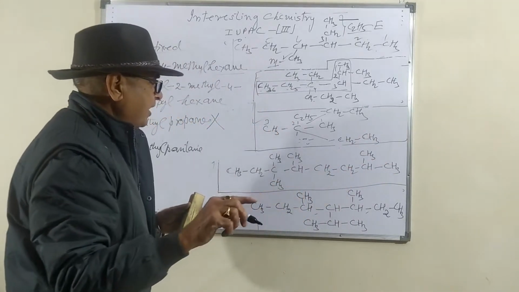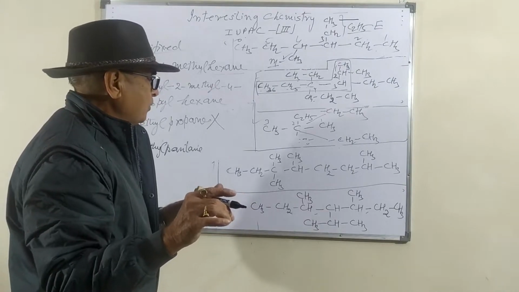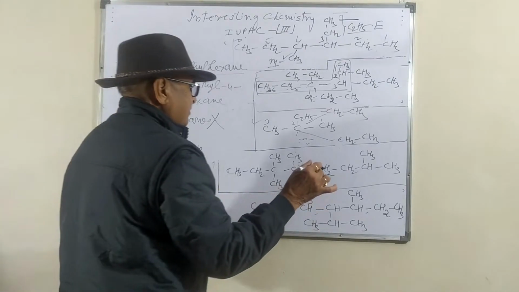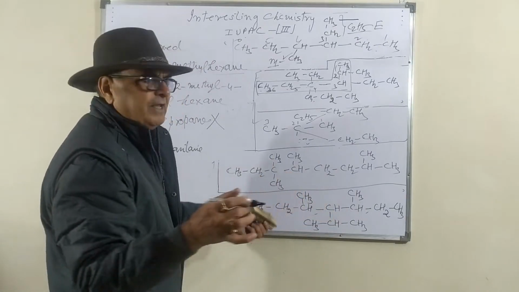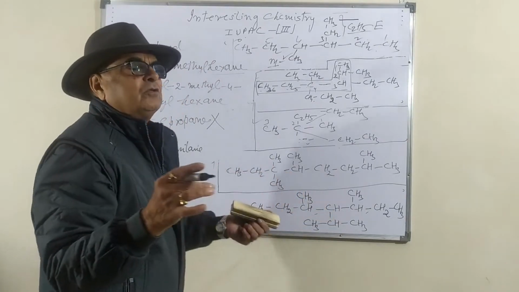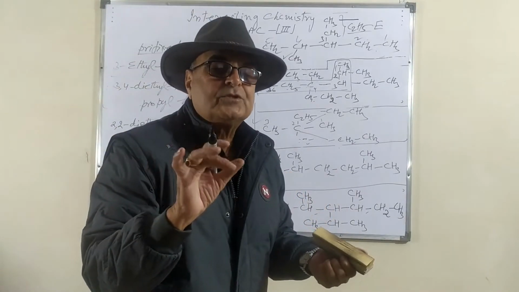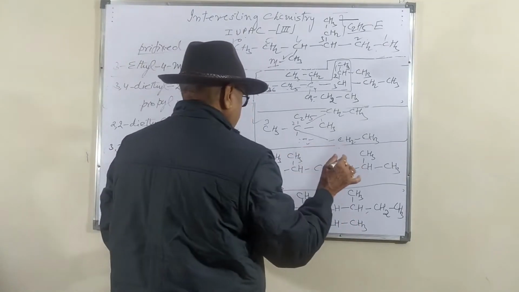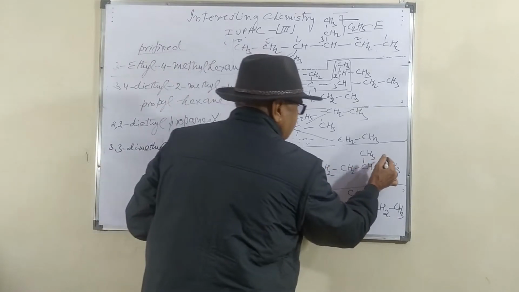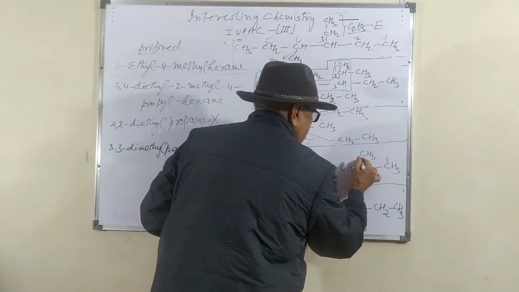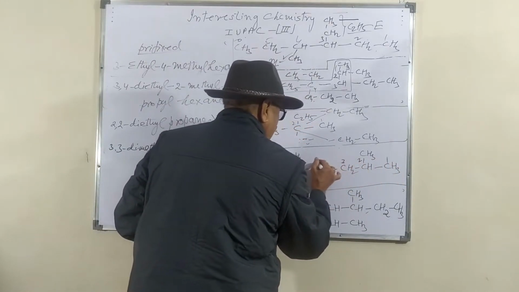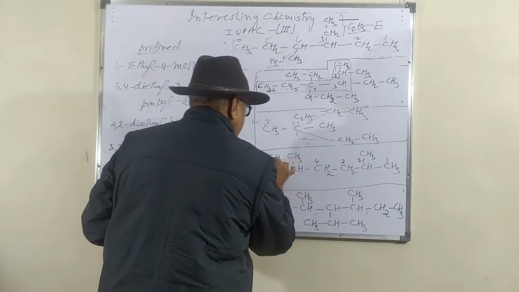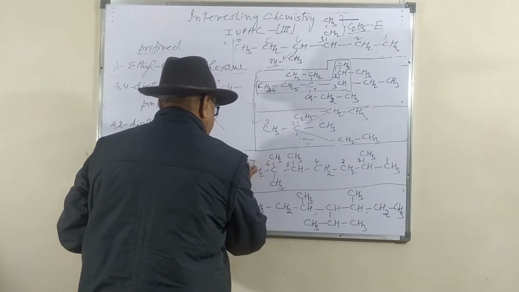There are 8 carbon atoms in this, so this is octane. Now to show the location of the substituent group, you should give numbers to the longest chain, starting from 1, 2, 3, 4, 5, 6, 7, 8.